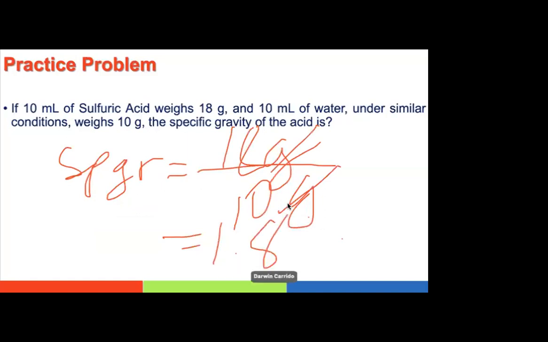Now, conventionally, specific gravity is unitless because the units cancel out. But sometimes we use specific gravity to convert weight to volume or volume to weight. When you use specific gravity for that, we can put a relative unit of gram per mL as well.